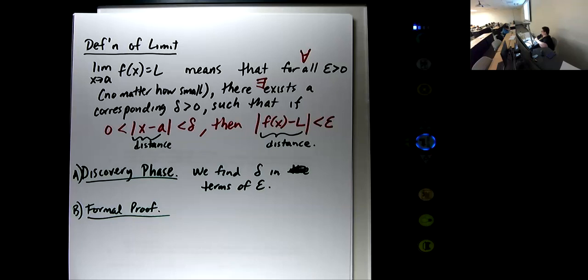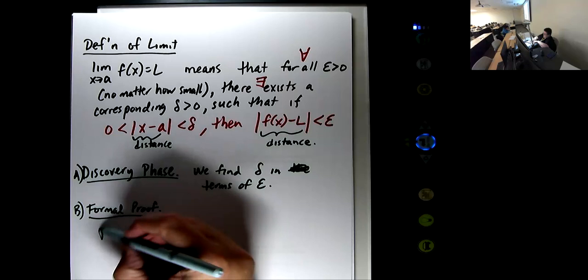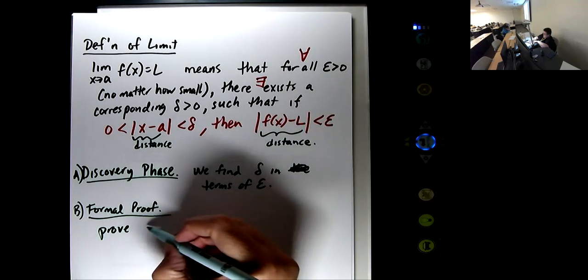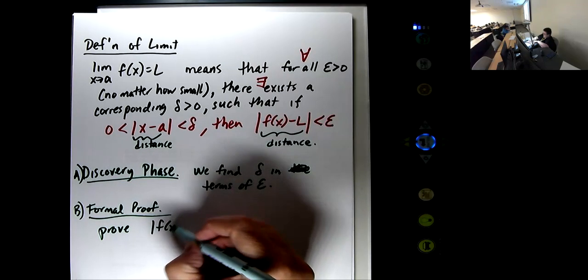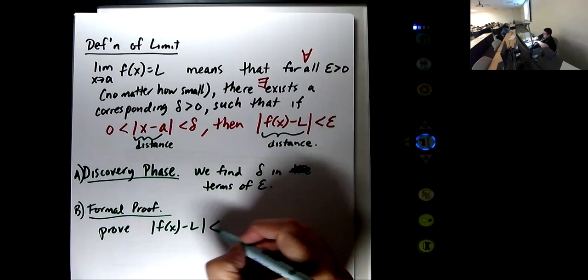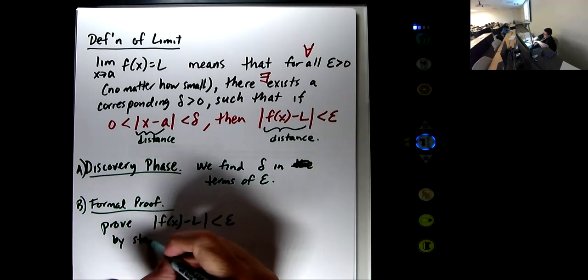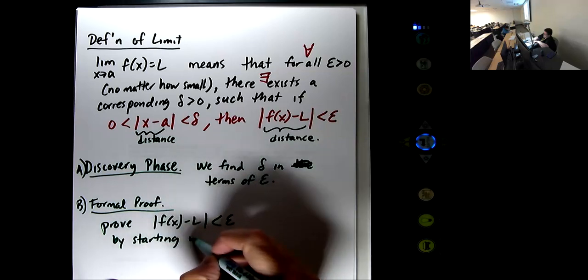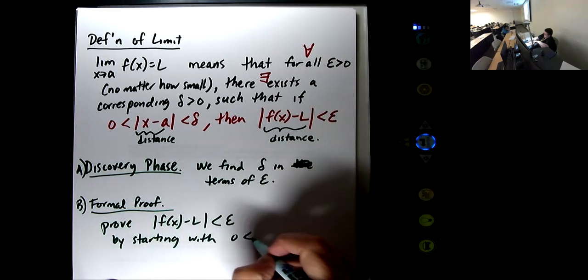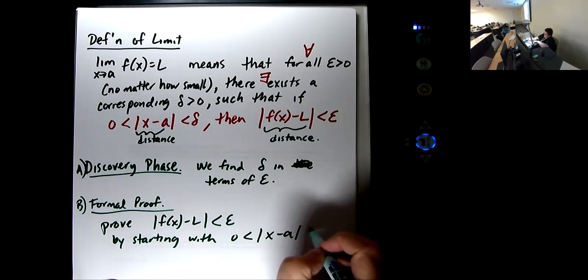Like the formal proof is almost like working backwards. So the formal proof involves, we will prove that the absolute value of f of x minus L is less than epsilon by starting with 0 is less than |x minus a| which is less than delta.